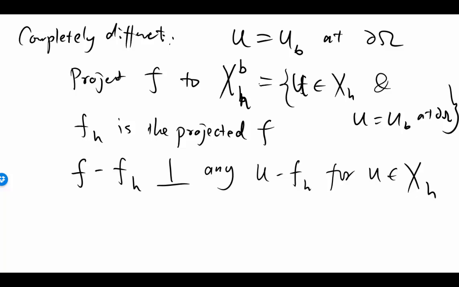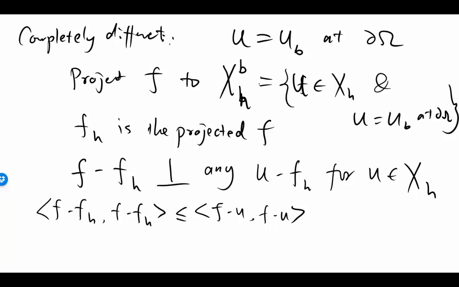Remember our derivation of the shortest distance: the norm of f minus fh is less than or equal to the norm of f minus u.